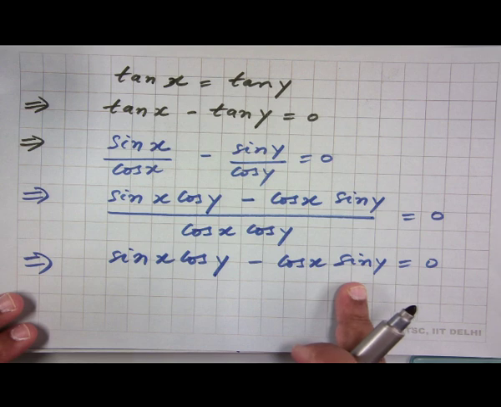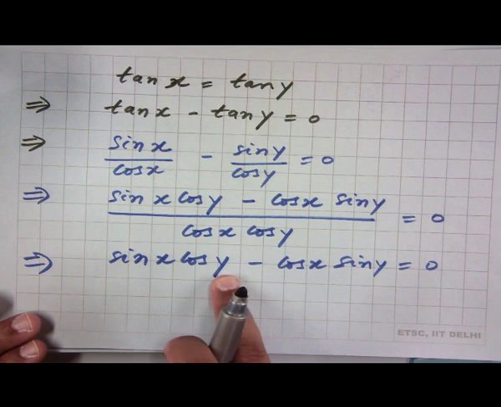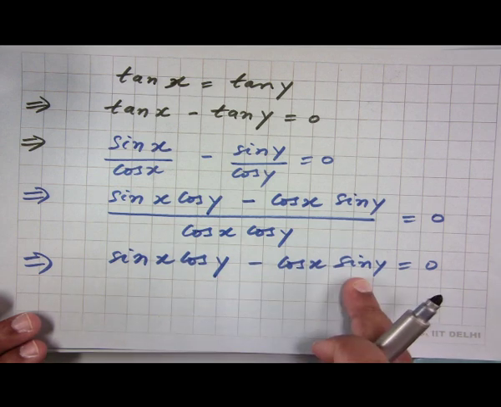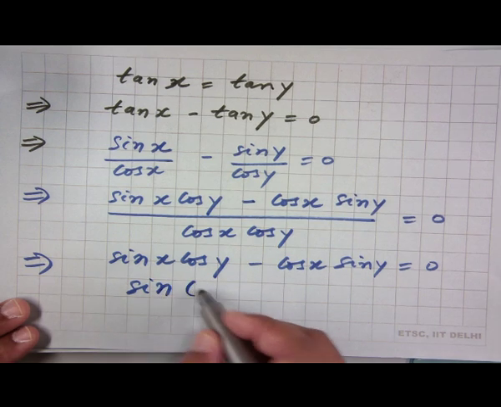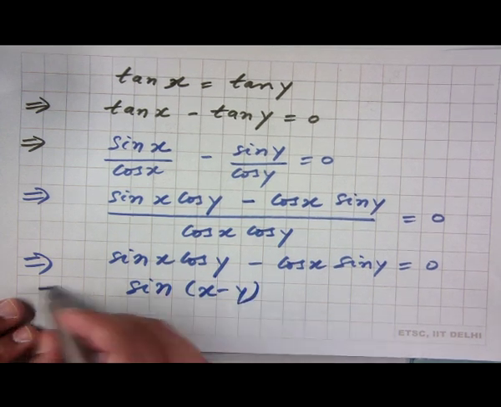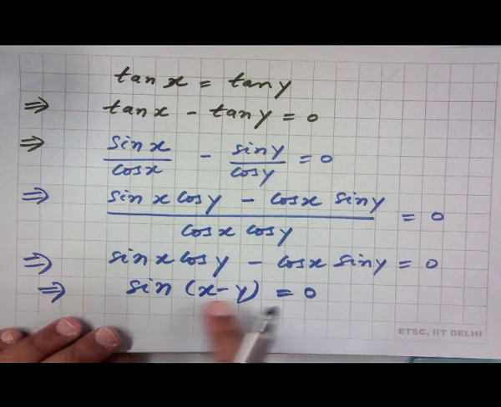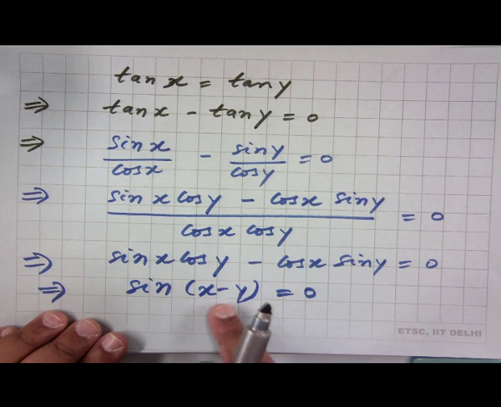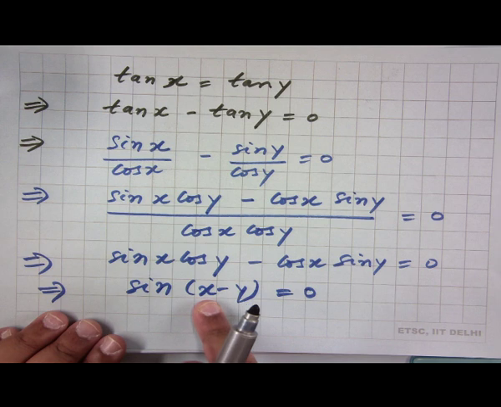But this pattern we have already seen. This is of the form sin a cos b minus cos a sin b, which is equal to sin of a minus b. Therefore, this is the same as sin of x minus y equal to 0, and we know that sin theta equal to 0 implies that theta must be some integer multiple of pi.